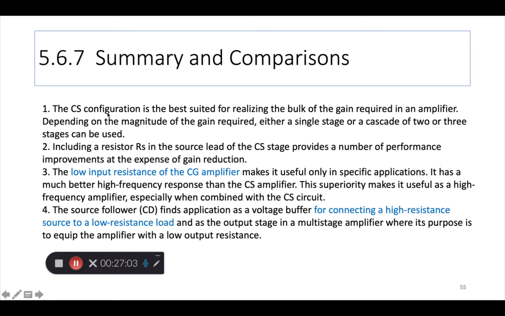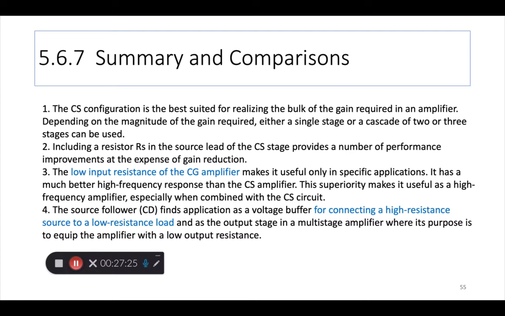So the common source configuration is the best suited for realizing the bulk of the gain required in an amplifier. So you may have one CS stage, or you may have many CS stages called cascaded stages. So the total gain is the product of all the individual gains, right?